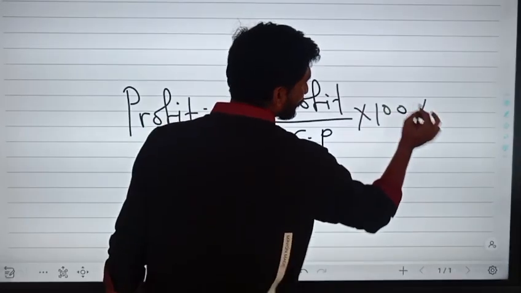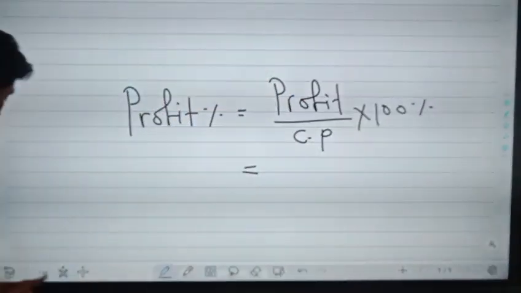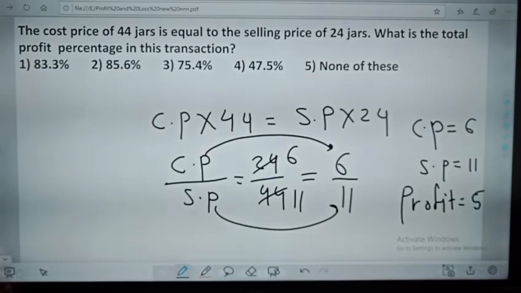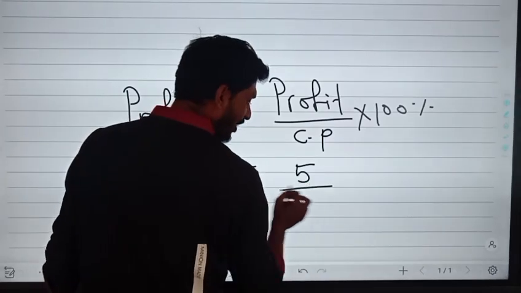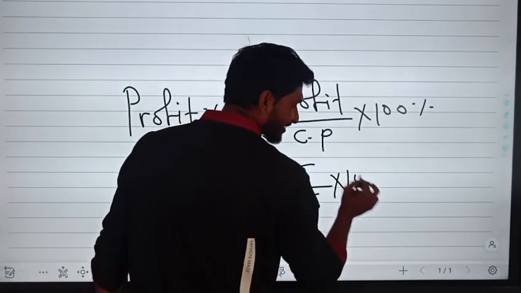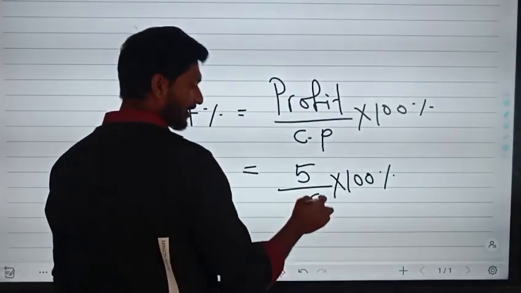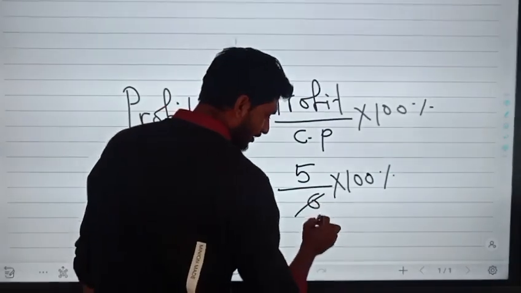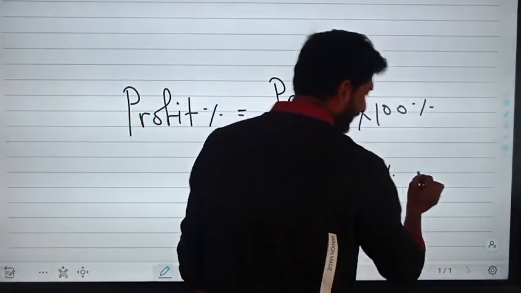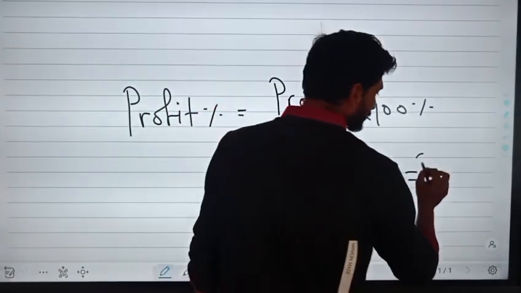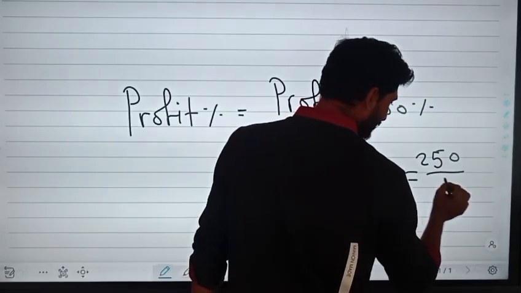Now here your profit is 5 and cost price is 6, into 100%. Now here we get 2 threes are 6, 15 into 100. We get the multiplication 15 into 5 is 215 upon 3%.